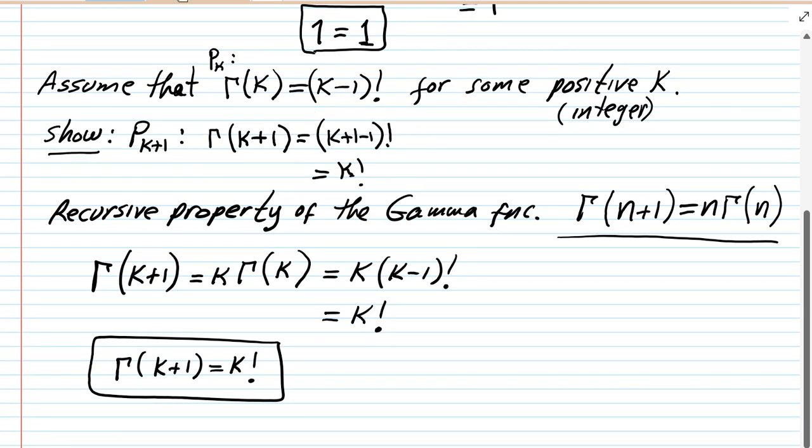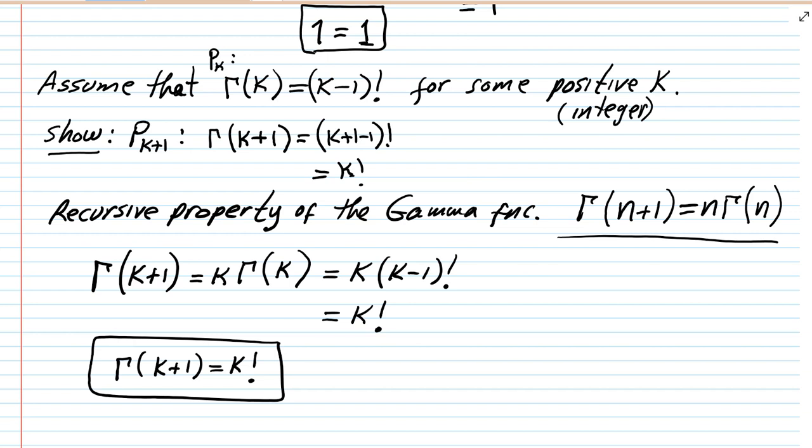Therefore, we can say that this is going to work for 1, for 2, for 3, up to k. And by the induction method, this is going to keep working for all positive integers. So if it works for the kth integer, it's going to work for the next integer as well.